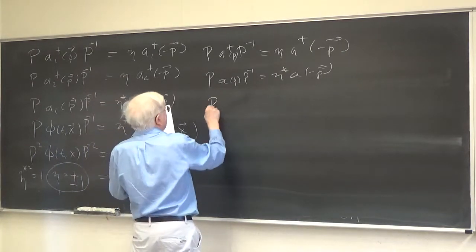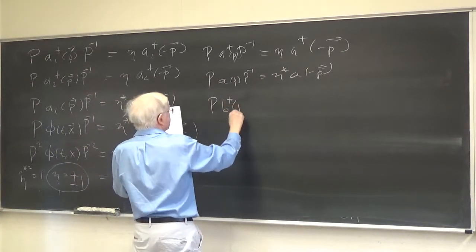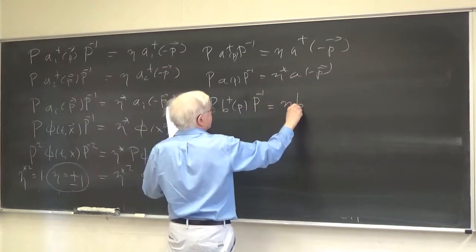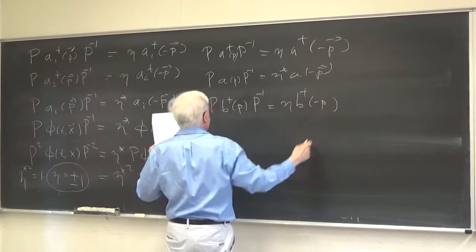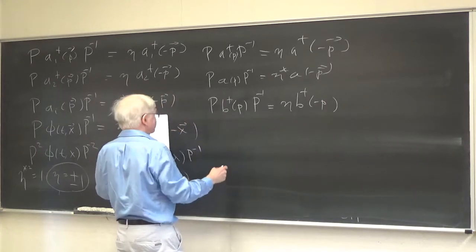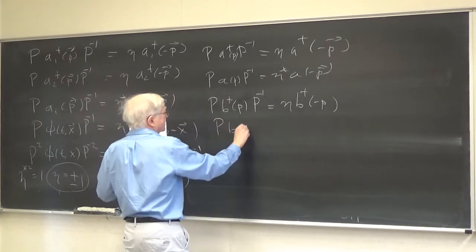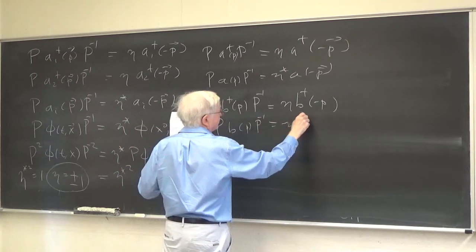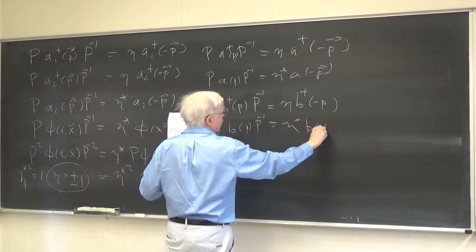And we have P B dagger of P inverse is then eta B dagger of minus P. And B, of course, P inverse is then eta star B of minus P.